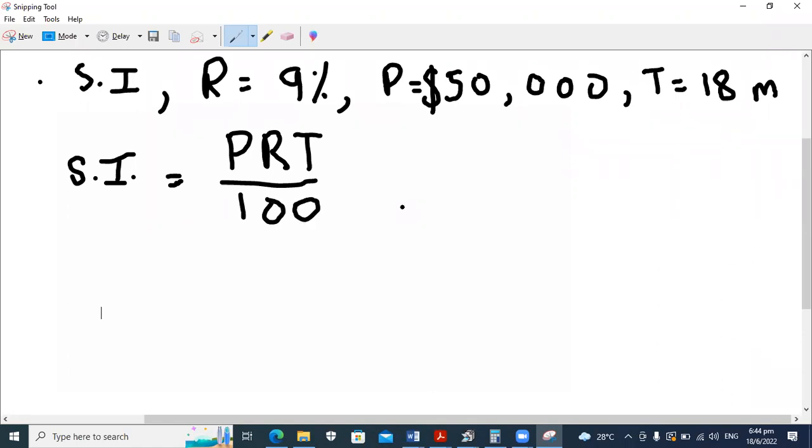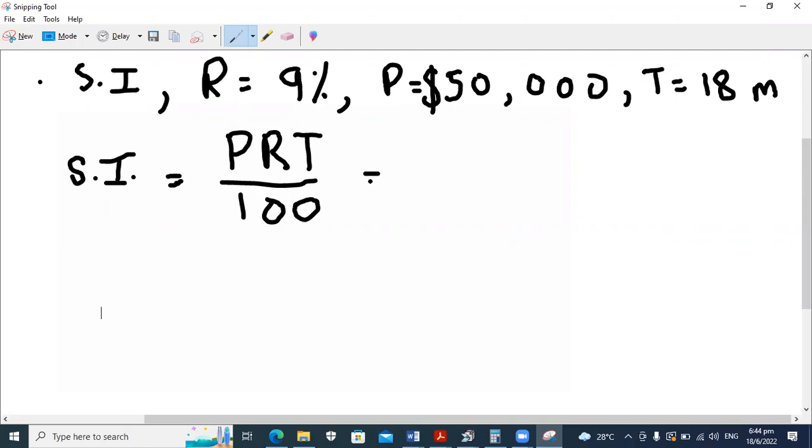Yes, sir. Sometimes this can be shuffled around, not true, depending on what they're asking for. You can get three more formulas from this, depending on what they're asking for.